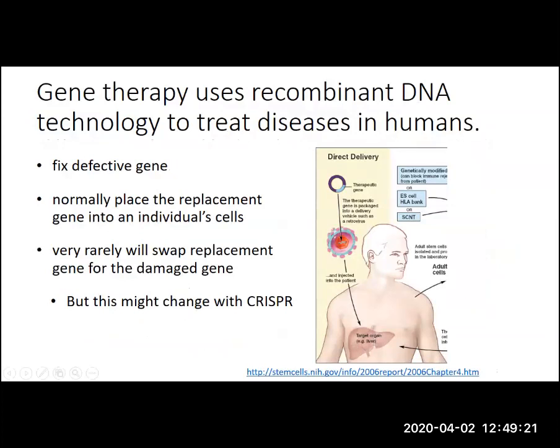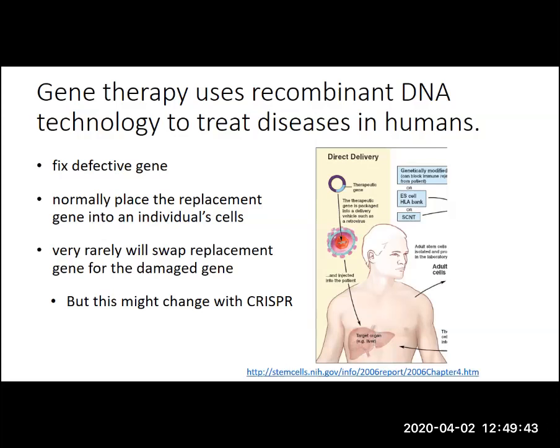Now with gene therapy, the idea is that we're going to use some of the advances that we've developed in genetic recombination, recombinant DNA technology, and our understanding of the correct gene to try to treat the human disease by fixing the defective gene.